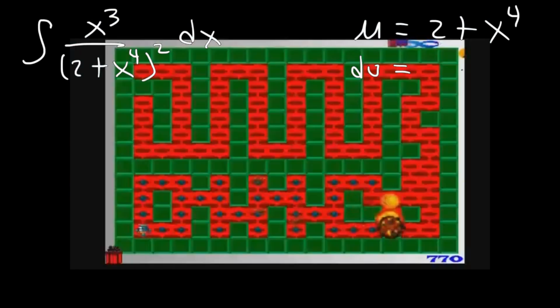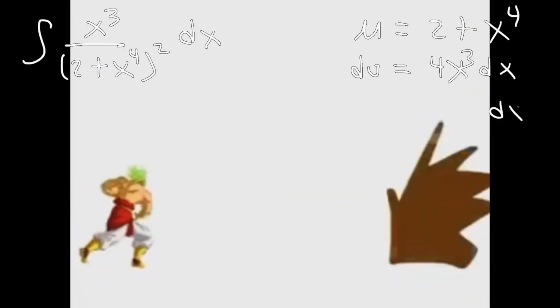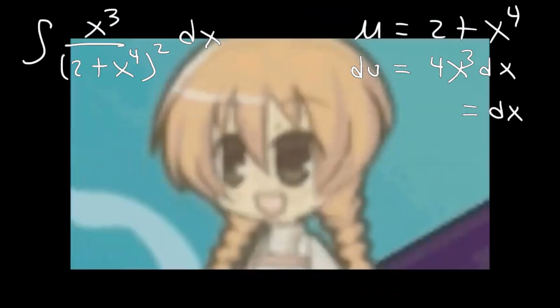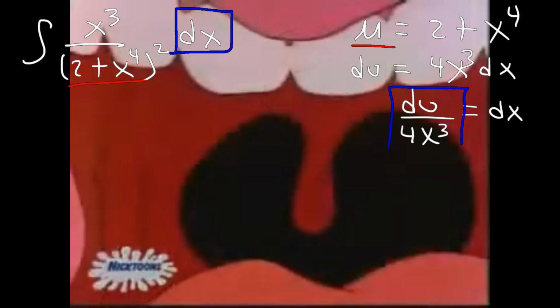du is going to be the derivative of x to the 4th, so that's 4x to the 3rd power times dx. And as always, I recommend that you solve for dx, just to avoid mistakes. So let's replace 2 plus x to the 4th with u, and let's replace dx with this thing that we have here.